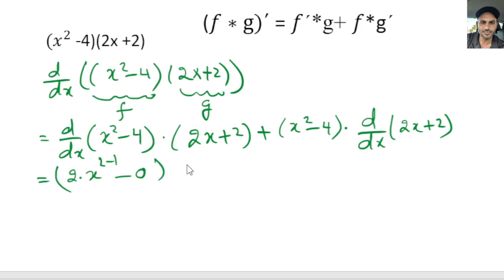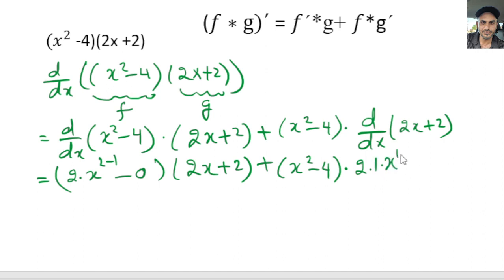Then we have 2x plus 2, plus x squared minus 4 times the derivative of 2x, which would be 2 times 1 times x to the 1 minus 1, because x has a 1 exponent. I'm just applying the power rule here, plus the derivative of a constant, which is 0.